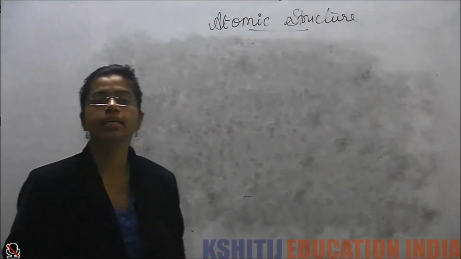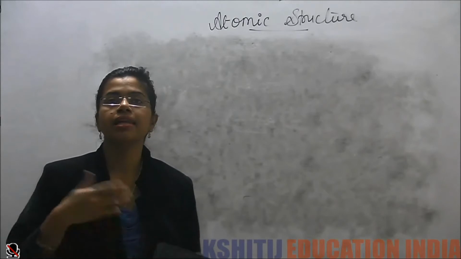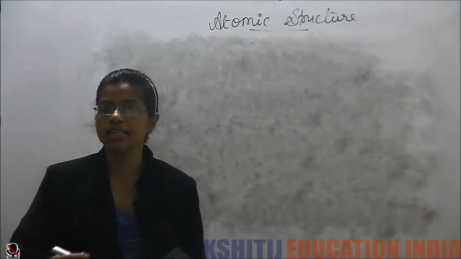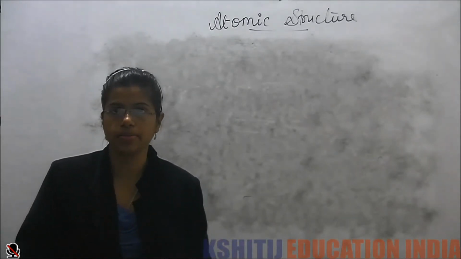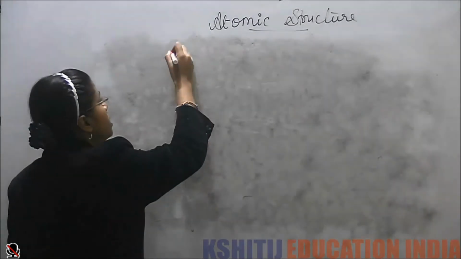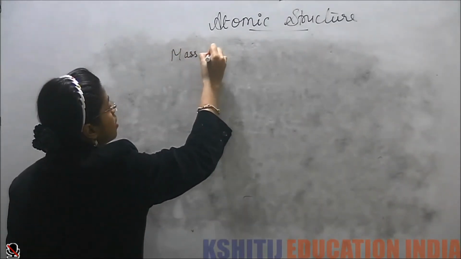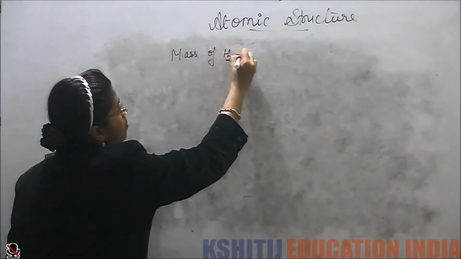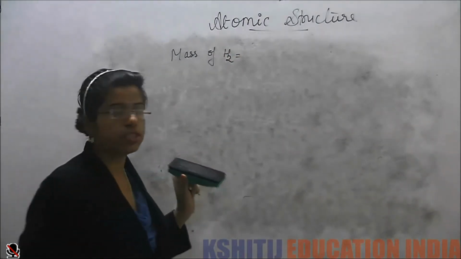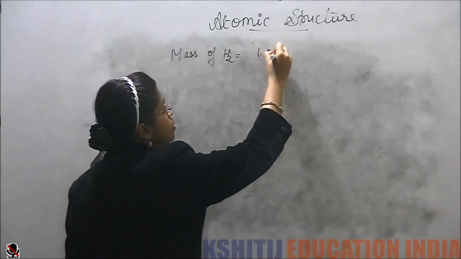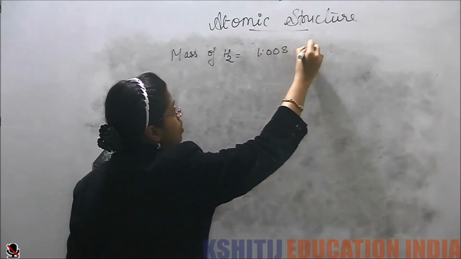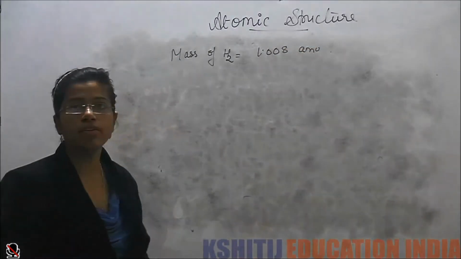Now, let us see the mass of the electron relative to the hydrogen atom. Let us see how the relation comes. Normally, the mass of a hydrogen atom is how much? 1.008 AMU. This is the mass of the hydrogen atom.